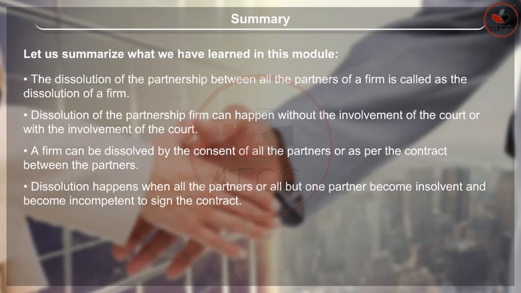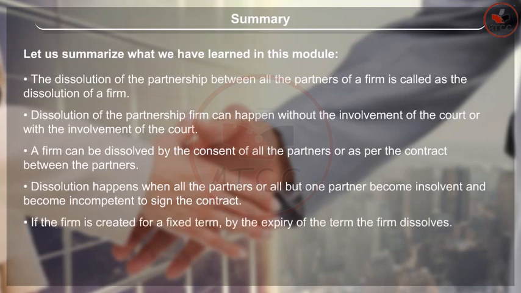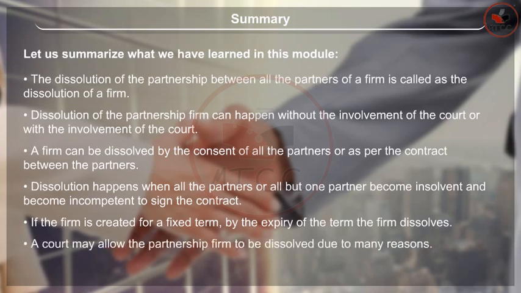Dissolution happens when all the partners or all but one partner become insolvent and become incompetent to sign the contract. If the firm is created for a fixed term, by the expiry of the term, the firm dissolves. A court may allow the partnership firm to be dissolved for many reasons.